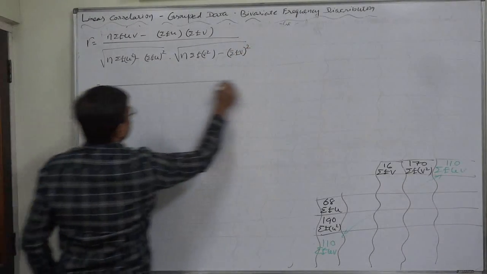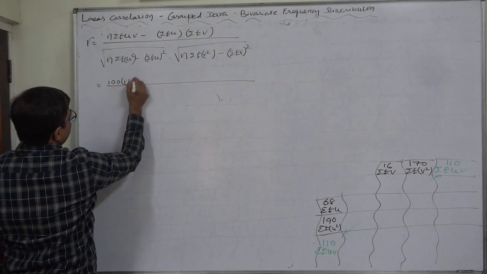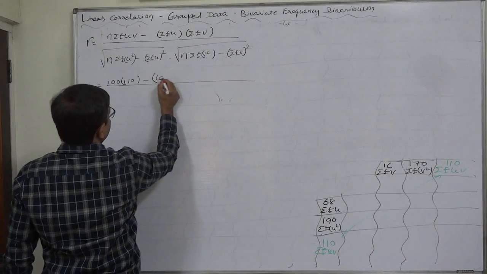Let us substitute. N is 100, 110 minus sigma F U is 68.